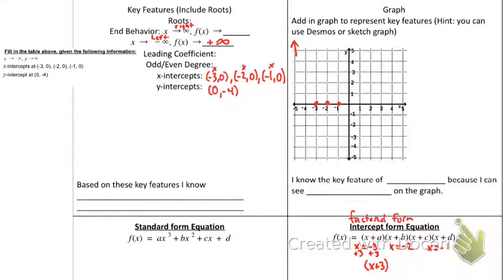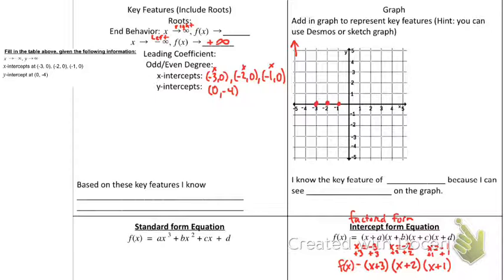We're going to do the same thing here. We're going to add 2. We want it with the x. That gives me x plus 2. And then we're going to add 1. And that gives me x plus 1. And bam, we have factored form. So f of x equals that.